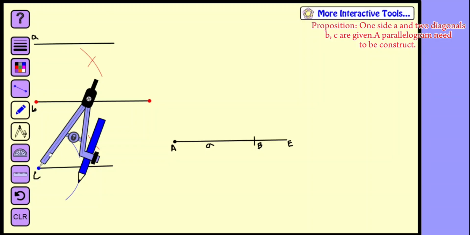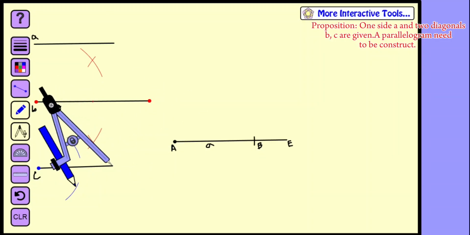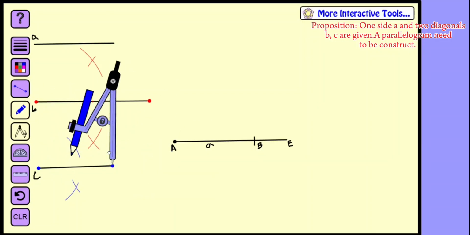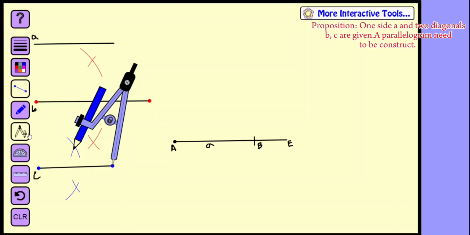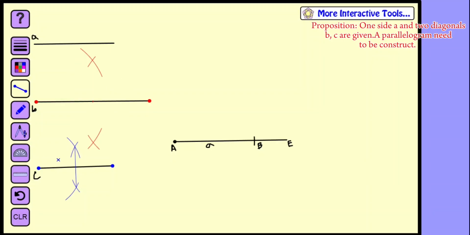Now put your pencil compass on the other end and repeat the same process again. By this process we get the midpoint of diagonal C. Do the same process, don't draw any straight line there, just use your pencil and scale and find the midpoint of C. So this is the midpoint of B and this is the midpoint of C.